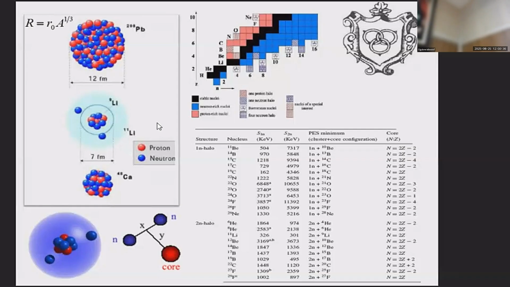For example, we talk about three different kinds of potential. First is the nuclear potential, the second is the Coulomb potential, and the third is the angular momentum. So we can basically say that the nuclear potential is more or less the stability, the binding energy of a nucleus. Each nucleus has a potential, that's the binding.